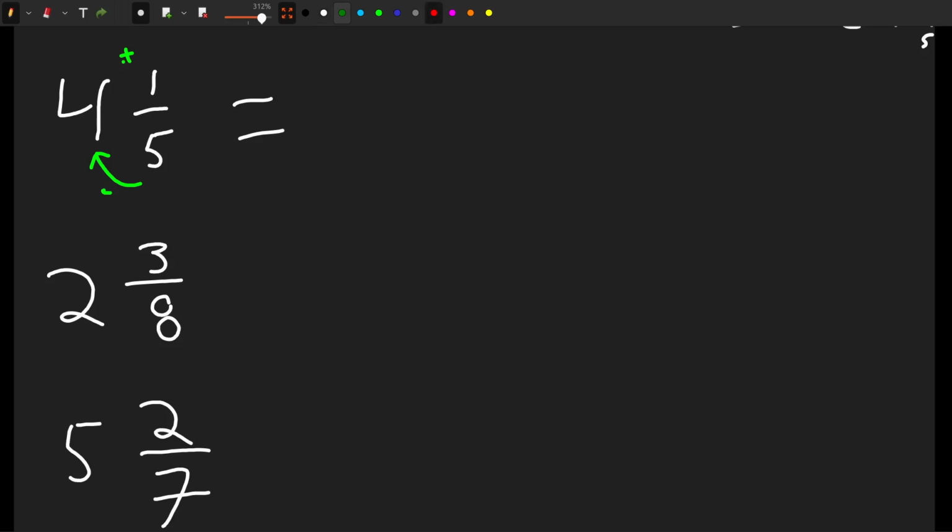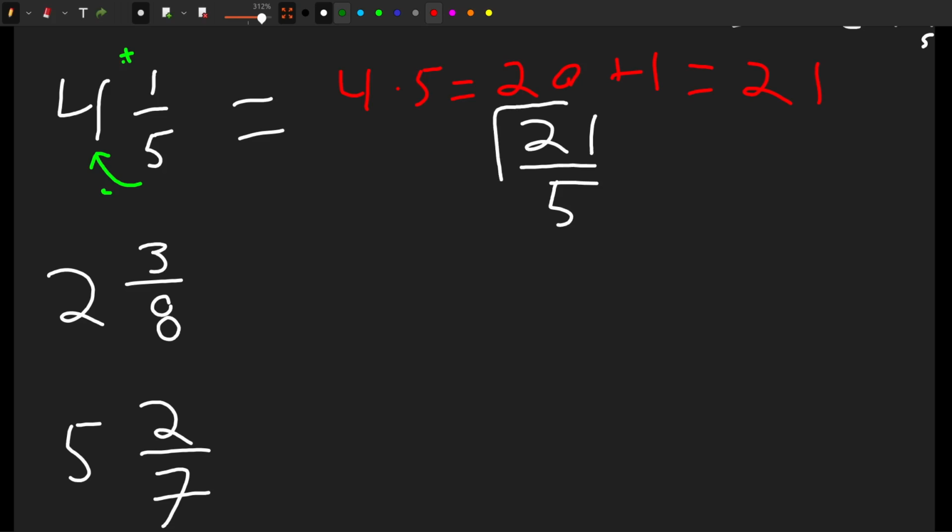I'm going to use red for this. So 4 times 5 is 20. Then I need to add the 1. And so 20 plus 1 is 21. And then what I'm left with is 21 over 5. The denominator stays the same. Our numerator is the only one that changes.